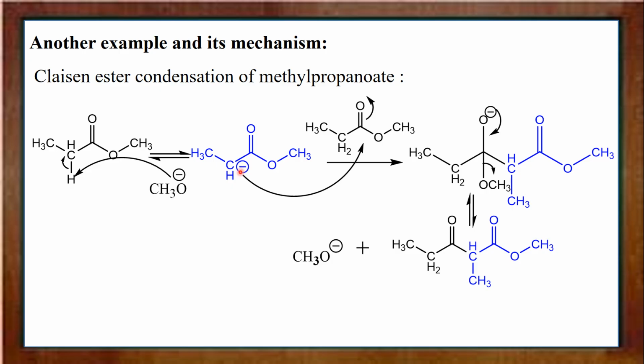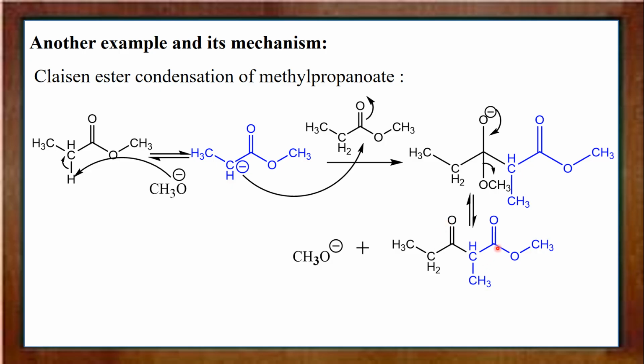Then in the next step, this enolizable carbanion attacks the carbonyl carbon of another ester, resulting in an intermediate where this minus comes back, pushing out the alkoxide. So the alkoxide, the leaving group, gets away, resulting in the formation of a new carbonyl.